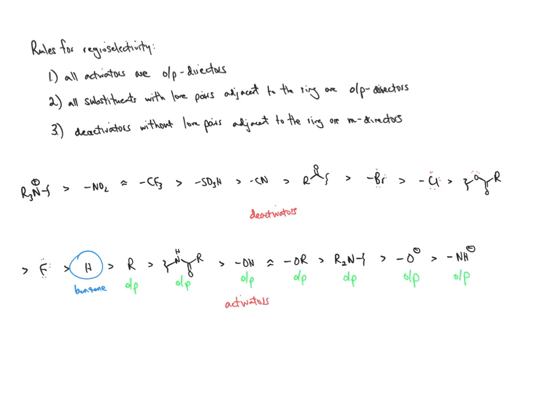So these four are going to be your ortho-para-directors despite being deactivators. And then the third rule states that deactivators without lone pairs adjacent to the ring are meta-directors, and so these are all going to be meta.